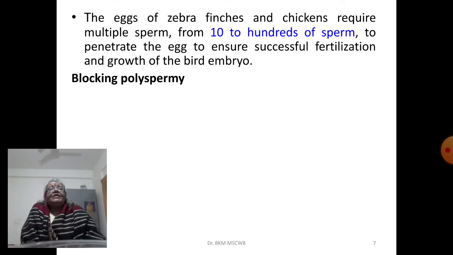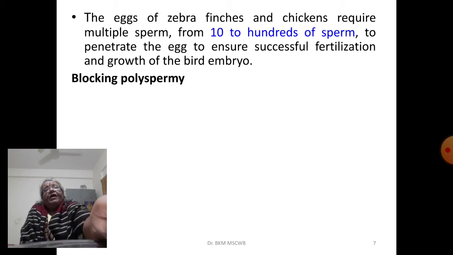Then, so the eggs of zebra finches and chickens, they require multiple sperm, not 1, 2, 3 or 4, from 10 to hundreds of sperms to penetrate the egg and to ensure successful fertilization and growth of the bird embryo. Okay.